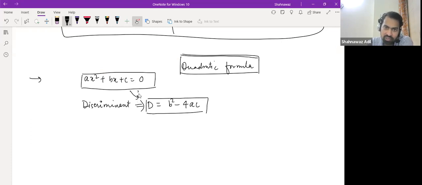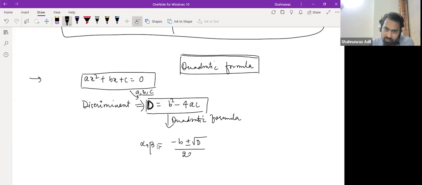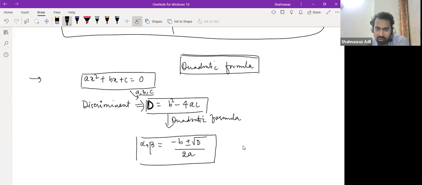First we find out what a, b, and c are, and from a, b, c we calculate this D. From this we use the quadratic formula, which says that the roots would be minus b plus minus root D by 2a. Is this clear to you?